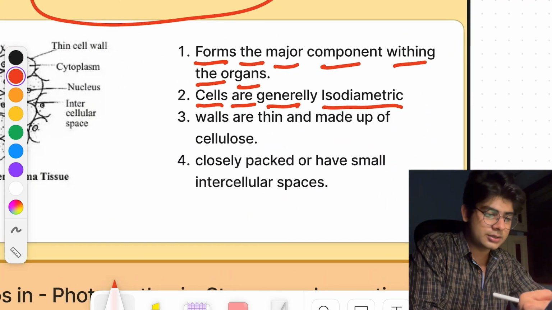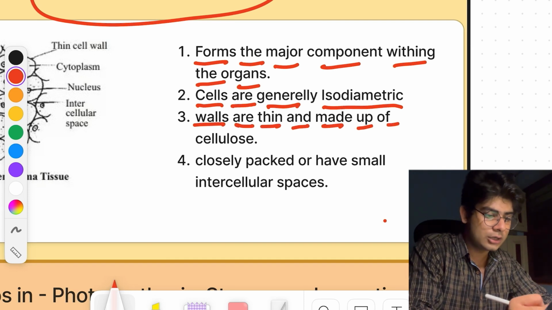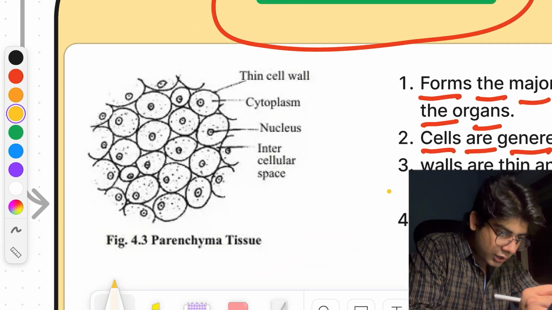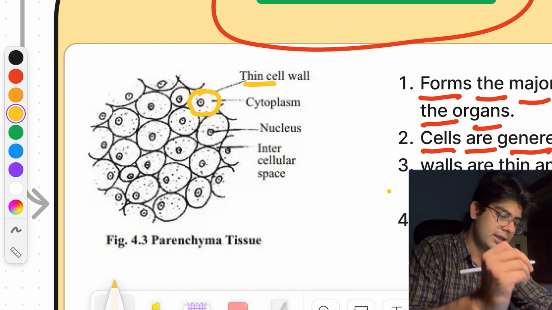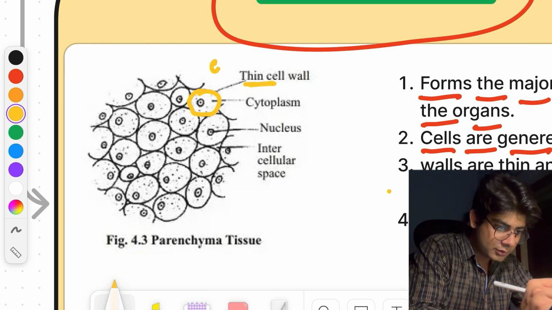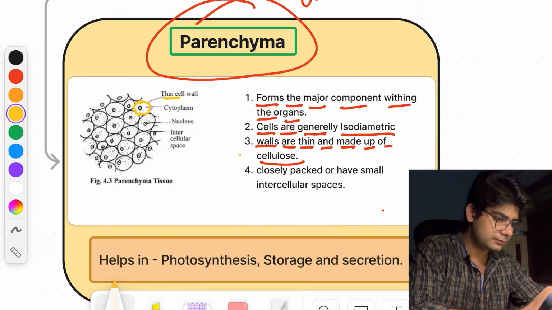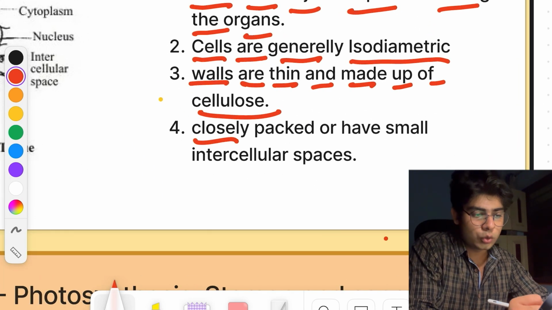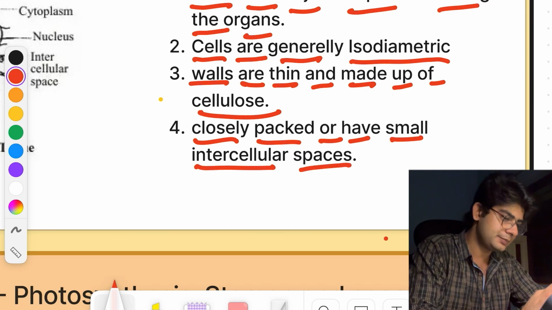The walls are thin and made up of cellulose. As you can see in the picture, the walls are thin cell walls and they are made up of cellulose. Parenchymatous cells are closely packed or have small intercellular spaces.